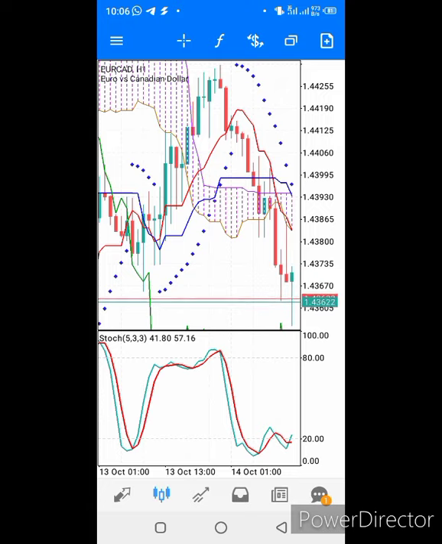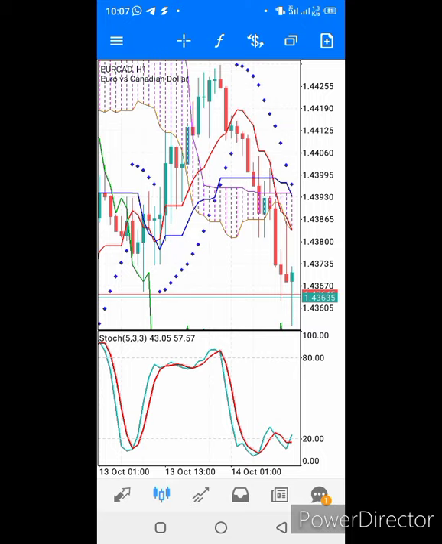Now we are combining three technical indicators together here with your Ichimoku indicator to have a good entry signal. So you can see your parabolic SAR on the chart here, and the stochastic oscillator below the chart. These are the green line and the red line. You can see where they are meeting each other at the top, above 80.